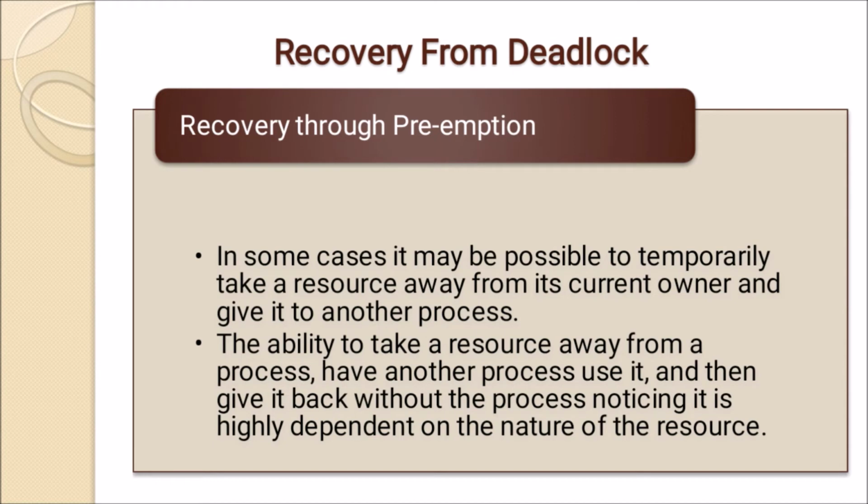The ability to take a resource away from a process, have another process use it, and then give it back without the process noticing is highly dependent on the nature of the resource.